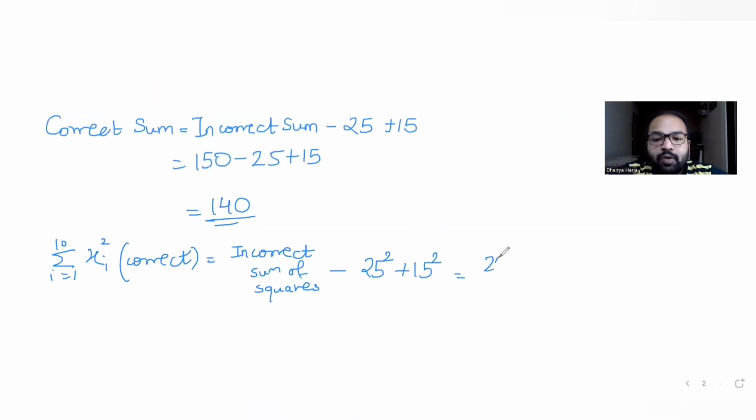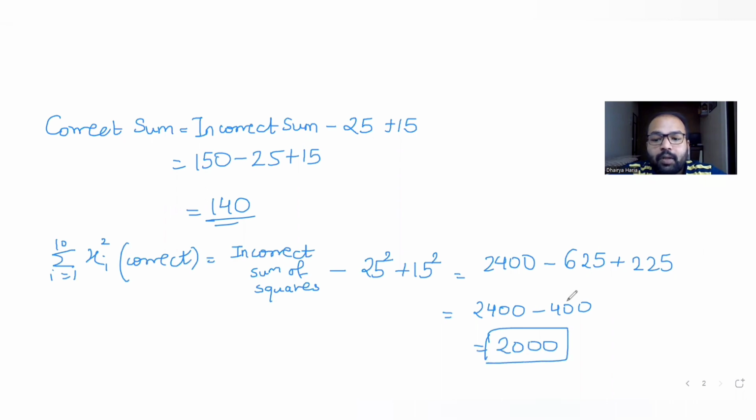So it becomes 2400 minus 625 plus 225, that is 2000.